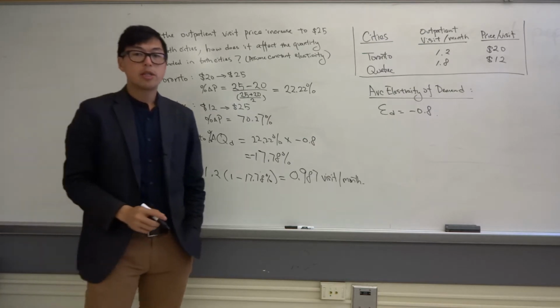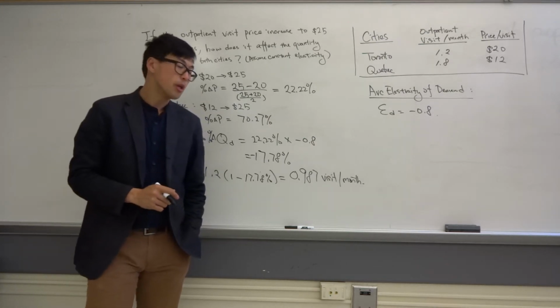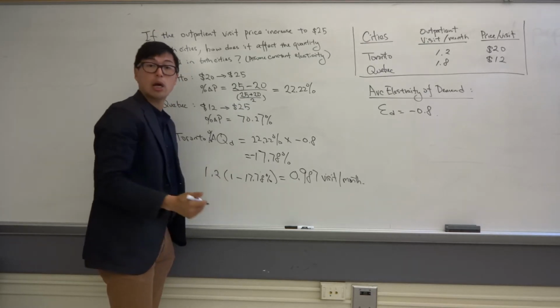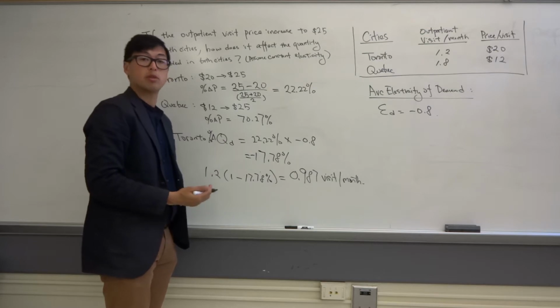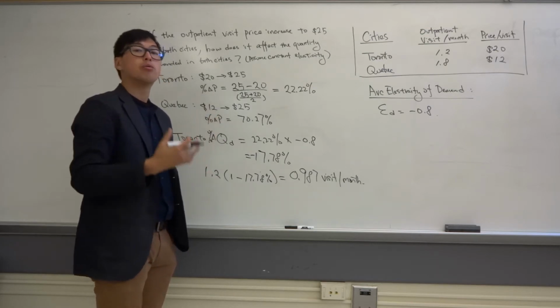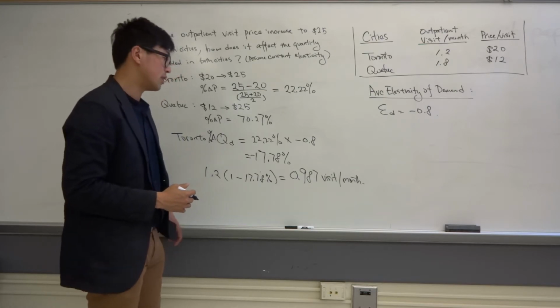So in general, a price increase in Toronto will reduce the quantity demanded for this outpatient service, which is what we learned in Chapter 2. The law of demand tells us the higher the price, the lower the level of usage of these services.